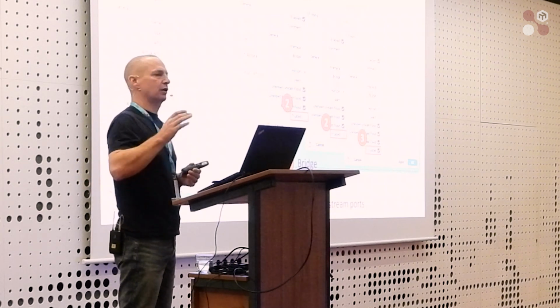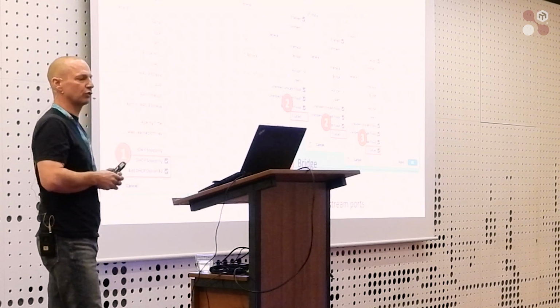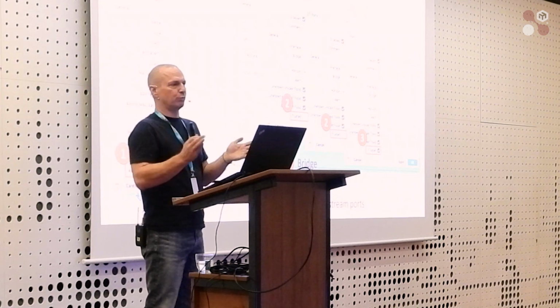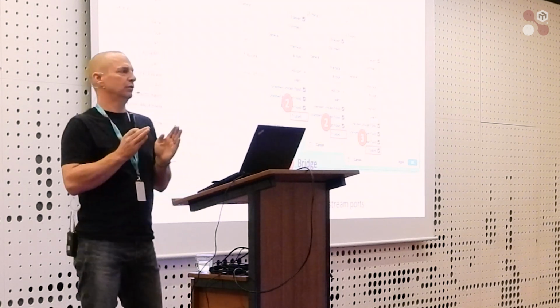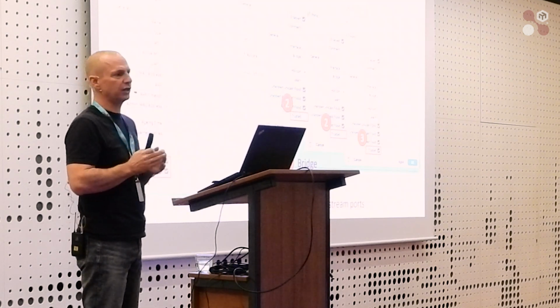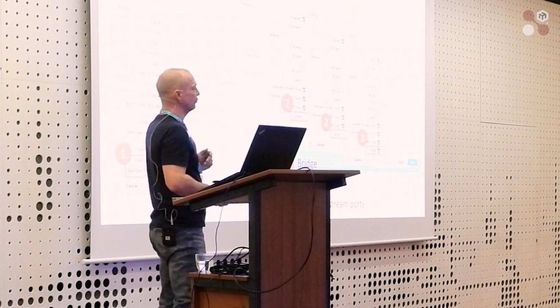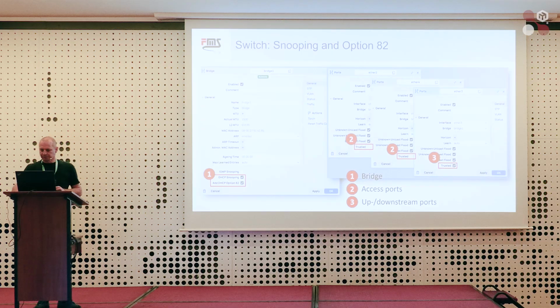DHCP snooping is a mechanism to avoid unwanted DHCP servers on your network, and you have to let your switches know which ports are trusted and which are not. For now, simply use untrusted for the access ports and trusted for all up and downstream ports. That's what you see on the right-hand side.